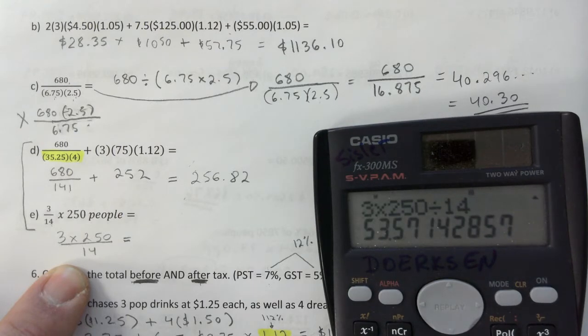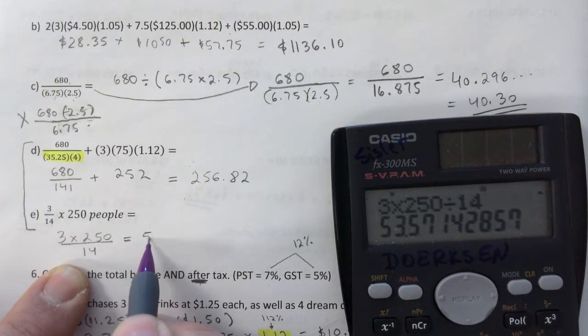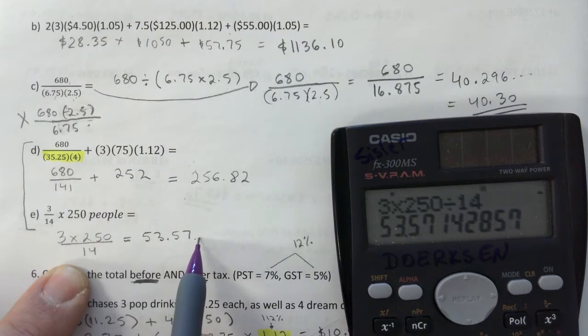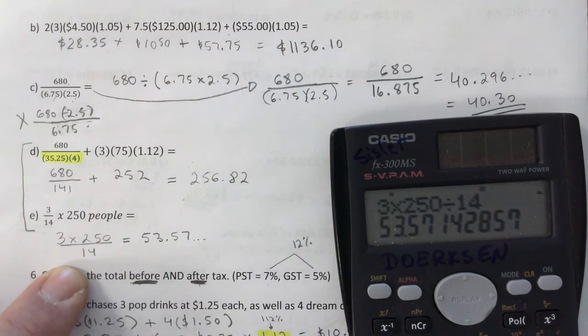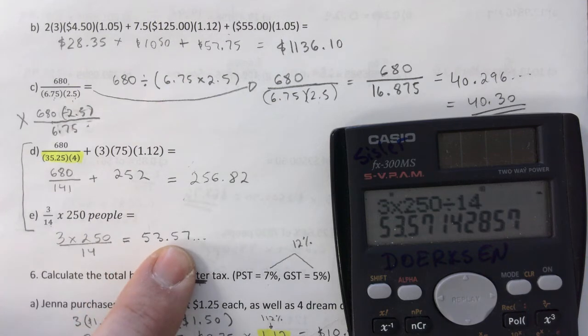So that ends up being 53.57, right? So this is where it gets a little tricky. Okay, we're talking people, so you can't have decimal or partial people present, right?